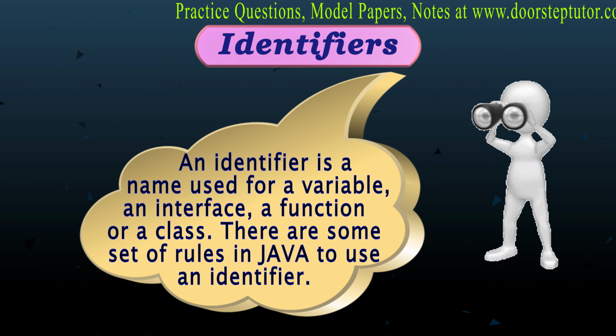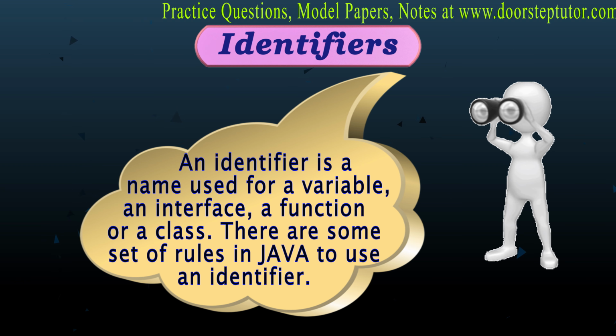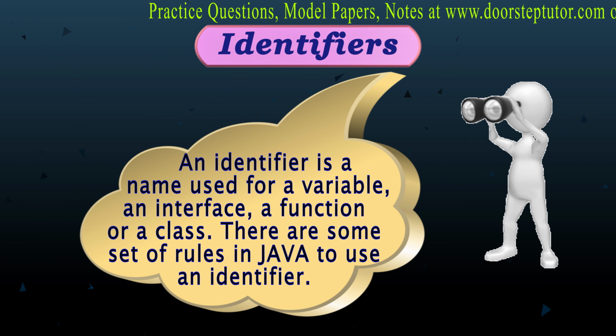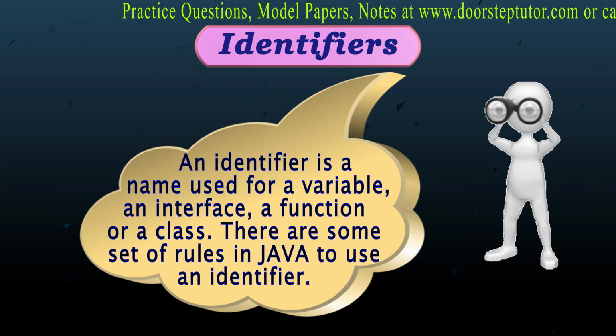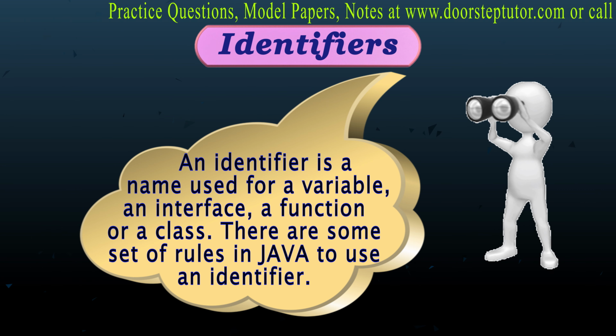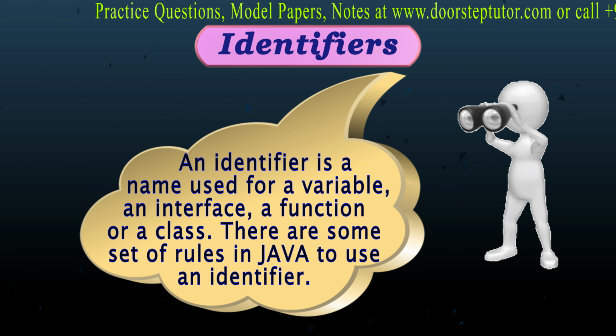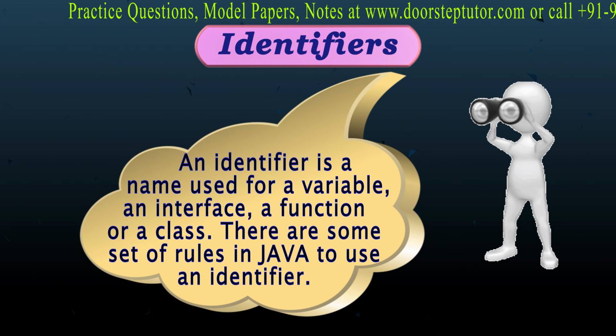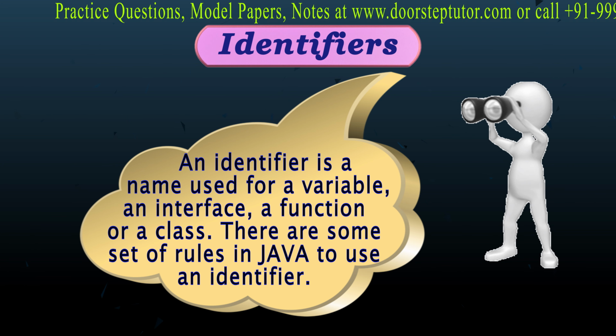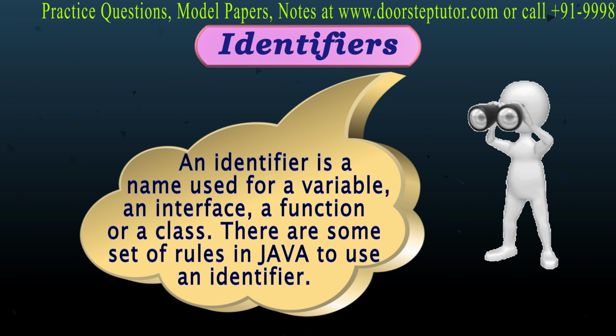If we are using it for the employee ID, then we must create the identifier name as EMP ID that will represent the employee ID. If we are taking the value for the name of the student, then we can take the identifier as student name. So it must be very meaningful.